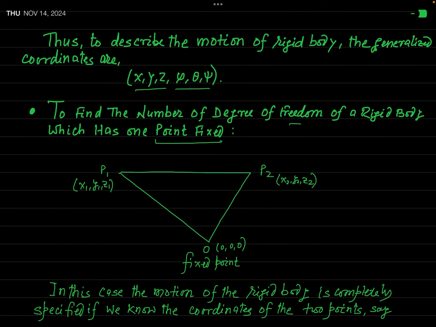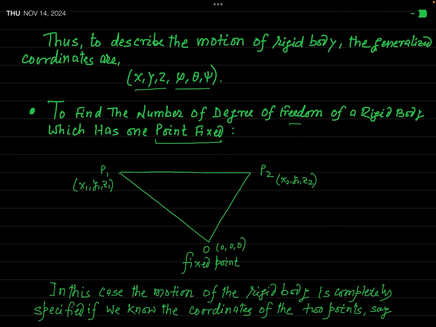So now let us try to find the number of degree of freedom of a rigid body when, apart from the constraint of rigidity, we also impose a constraint that the body is rigidly fixed at a point. Then what will be the number of degree of freedom?